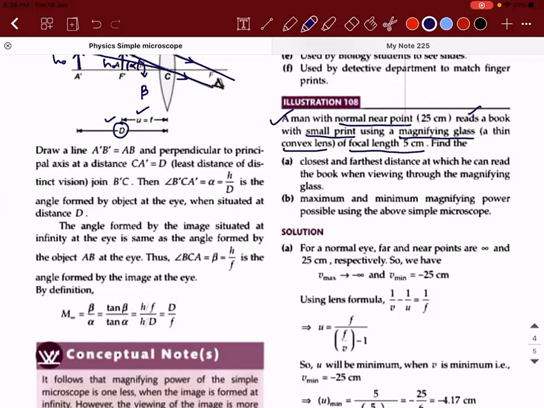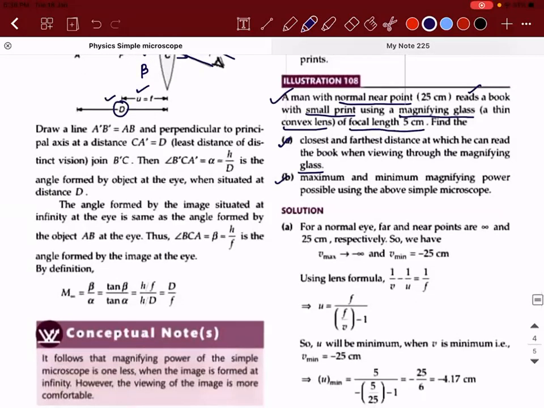Now the question is, we need to find the closest and the farthest distance at which he can read the book when viewing through the magnifying glass. Second is the maximum and minimum magnifying power possible using the above simple microscope.